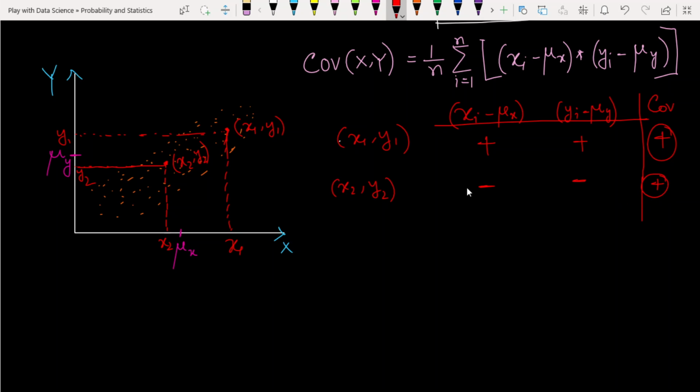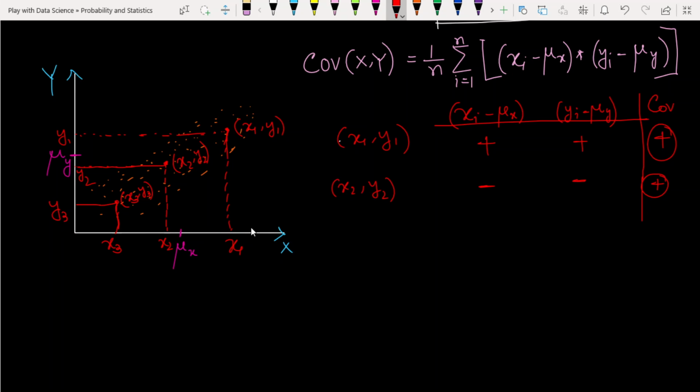But suppose now let's take another point, it will be better for us. I have taken the next point here, x3, y3, with the x3 value somewhere here and the y3 value somewhere here.